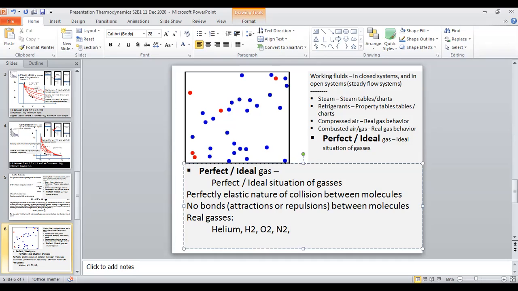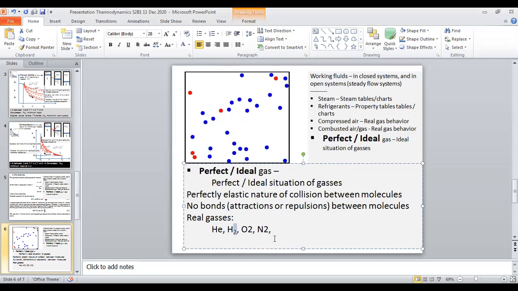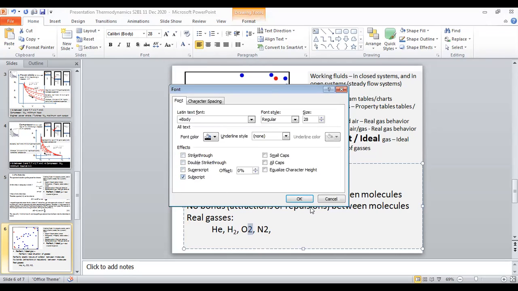You can check the relative heaviness of the molecules. Even helium, I put He, may be okay. So hydrogen: this is the natural state, because single hydrogen atoms will not exist.